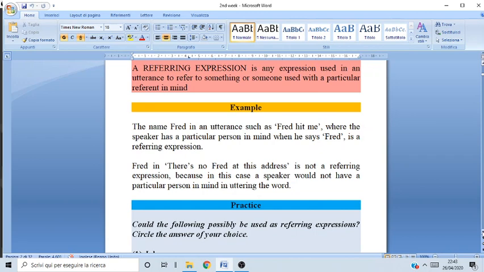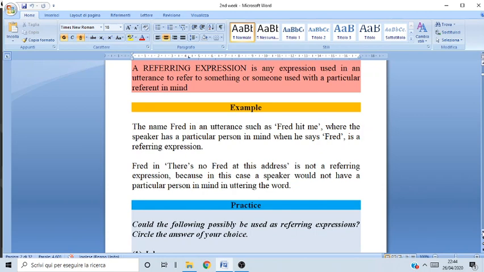Okay, so somebody says Fred hit me. They're not going to say that out of the blue. They have a specific Fred in mind. So that means that Fred is a referring expression. But let's say that I say there's no Fred at this address.